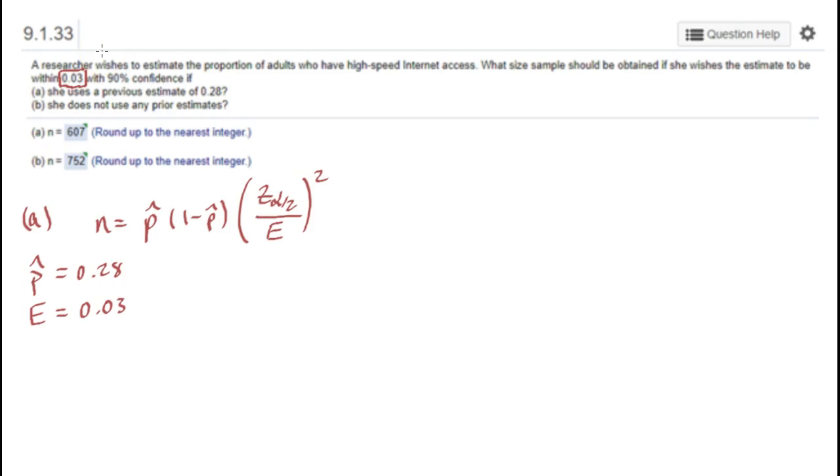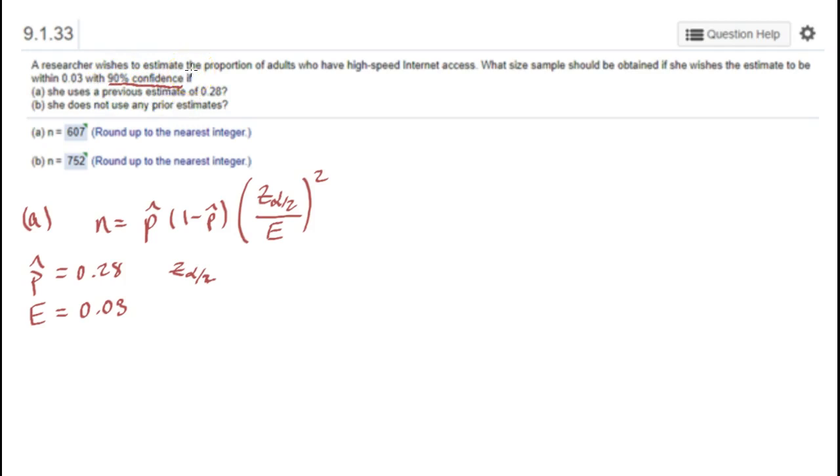And then the last part that we need to figure out is Z alpha over 2. Actually, save room. Let's move this over here. So Z alpha over 2. Now you can use StatCrunch for this. I don't want to get into that, but you could using the 90% confidence.